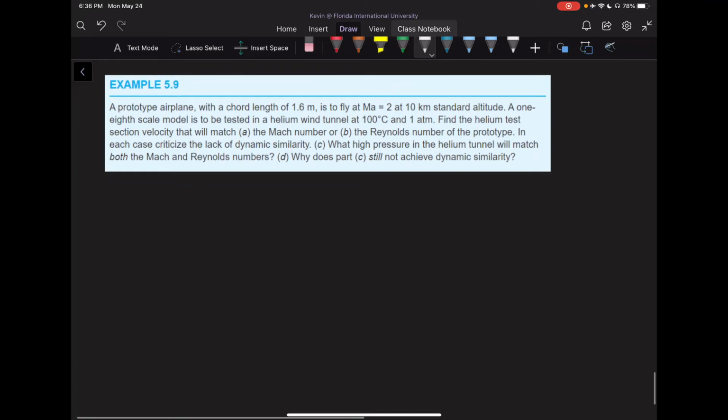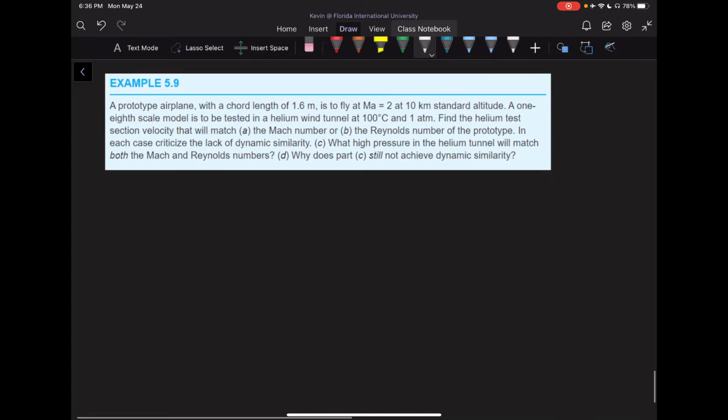So the first thing we can say is we have a prototype and then we have a scale model. The model is always the smaller of the two, usually. We usually like to use smaller models in fluid mechanics.